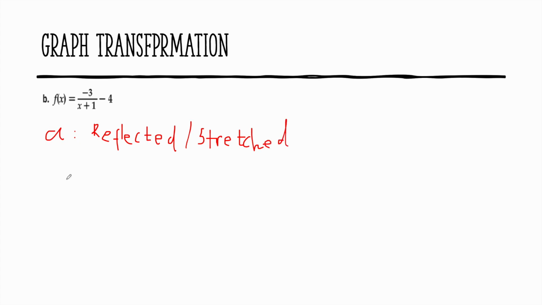Now let's go to h. I will not show you the solving because you know already from the previous example, we'll say 1 unit to the left. So it will go 1 unit to the left. And then the k, 4 units down.